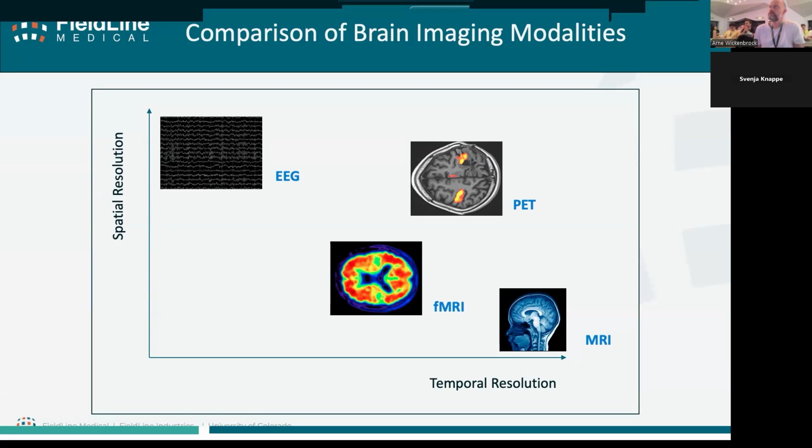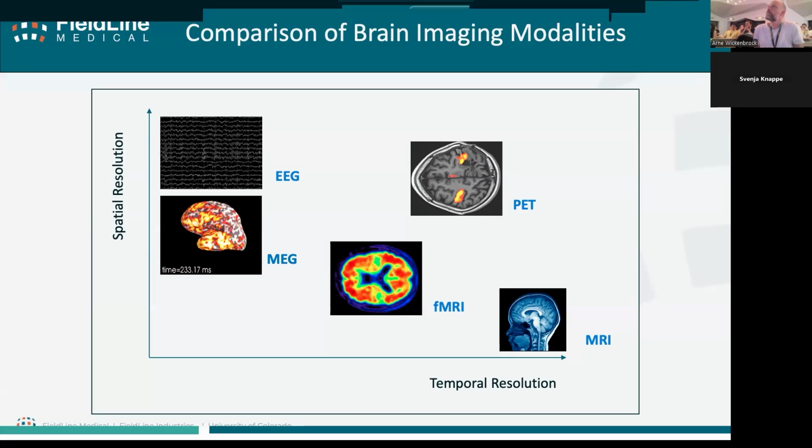You can pick up the activity fast, but you don't really know where it is so well, because there's conductivity between where the activity arises and where it gets to those electrodes. The conductivity of all these different layers in between distorts the signal. So your spatial resolution is not great, but you can do it in real time for what the brain is seeing. And if you want to see a little better where things are, you can use the magnetic equivalent to EEG.